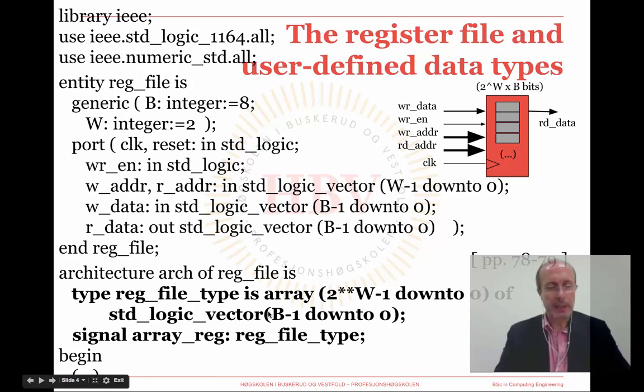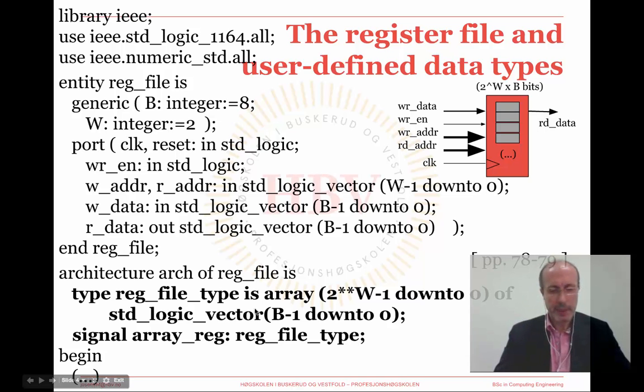And the second thing that you should pay attention to is the data type that is used to describe the register file. Now, this data type does not exist in the packages declared above, so we need to create what is called a user-defined data type. You will need to do this every now and then, and namely to describe states in finite state machines, as we will see in a later presentation.